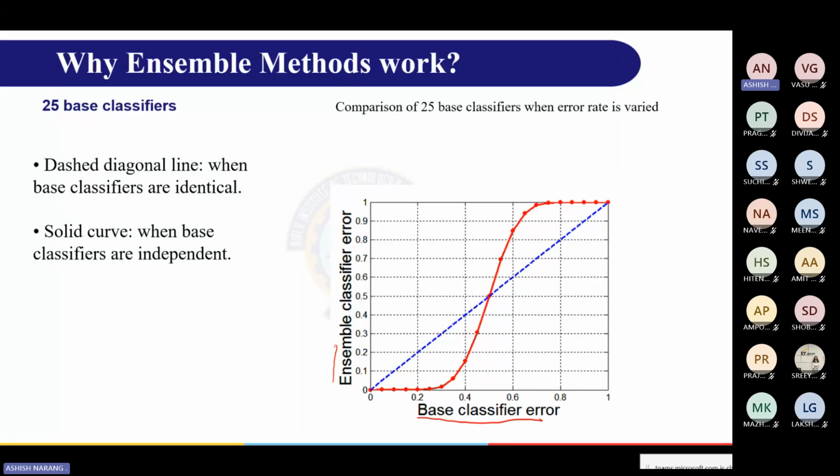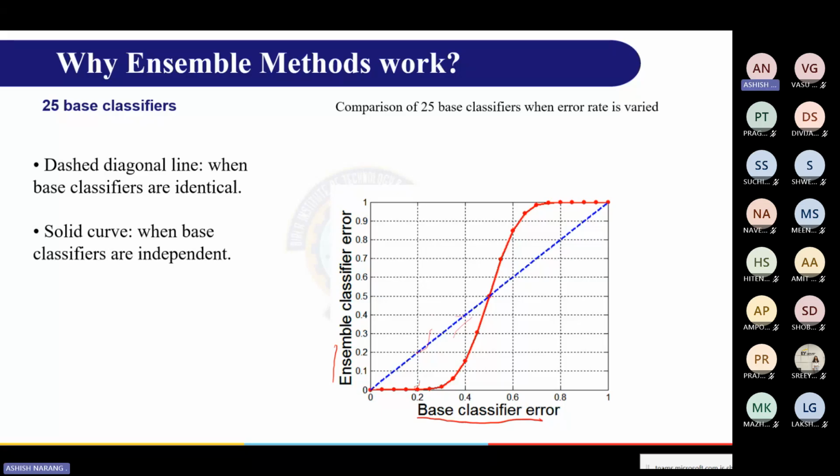Whatever error the base classifier is making, the ensemble is also making the same error. If it is making 0.2, it is also making 0.2. If it is making 0.4, it is also making 0.4. But when you have different things, then you have a solid curve like this.